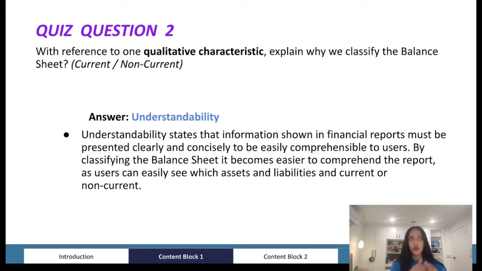By sorting out our balance sheet into these groups that make it easier to comprehend, the people reading the report can easily identify which assets are current and non-current and which liabilities are current and non-current. Therefore, classification supports understandability of reports.